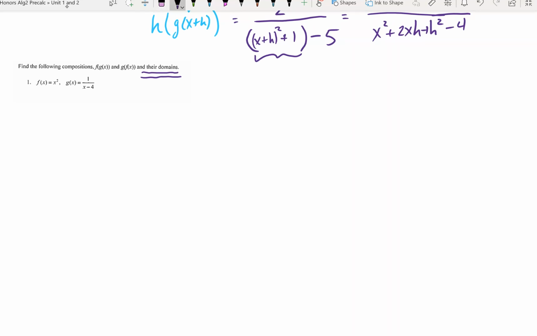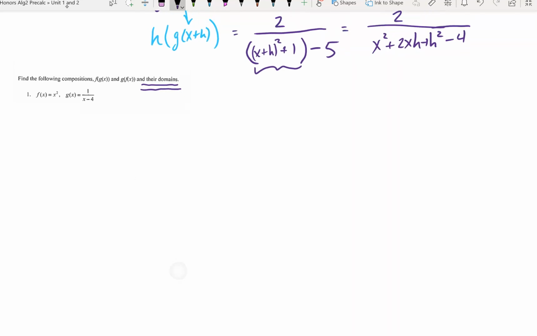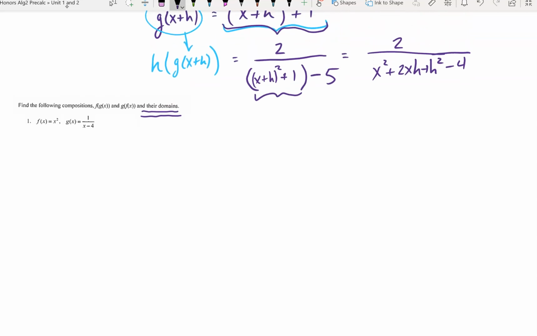So our domain for x squared, right? Our domain here is just going to be negative infinity to infinity. We can plug anything in for x squared, right? So that one kind of looks like that. And then right here for g of x, everything is going to work except for the number 4.